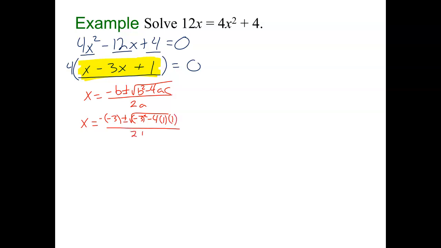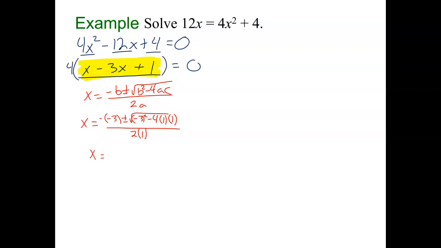All over 2 times 1. A lot easier to simplify rather than starting with the original. Can you start with the original? Yes. But you're going to have to simplify your quadratic later. It's much easier to factor out your GCF first, then use your quadratic equation because it's doing that simplifying in the beginning.